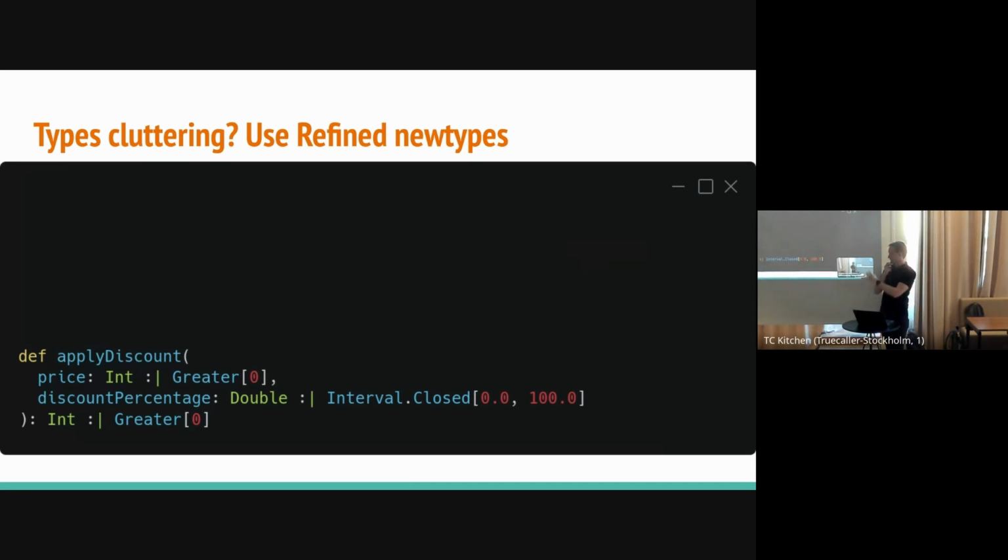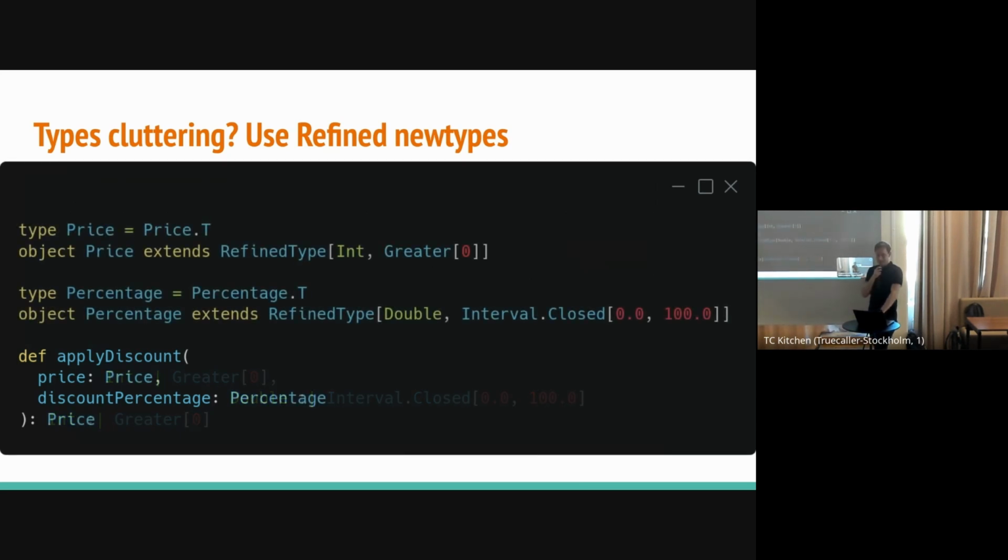You can do this nice interval closed thing and return a positive integer. But my eyes are hurting a bit. There's so much text for my method signature. So you can put this inside those refined or new types instead. Have readable code again.